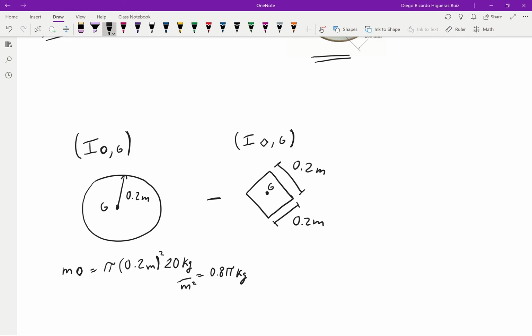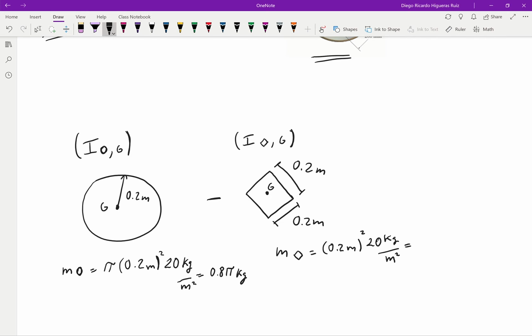That's easy, right? Just some geometry. If you do the same for the square, we're just gonna have 0.2 squared, which is the area of that square, and I don't want to forget my units, so meters squared, times 20 kilograms per meter squared.